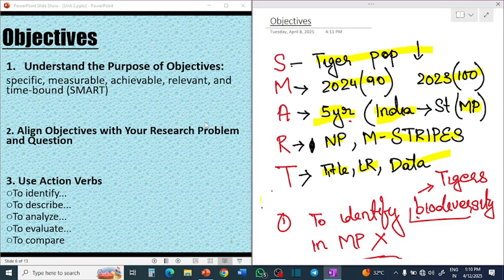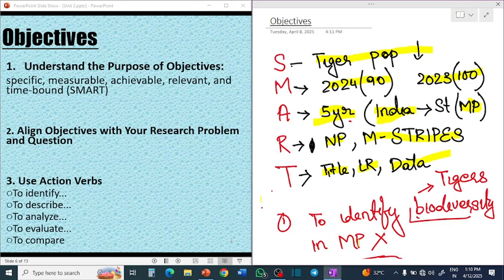Then we go on to align the objectives with your research problem and question. Your objectives should be placed in such a way that they answer your title. For example, here we cannot say we want to identify the biodiversity in Madhya Pradesh.